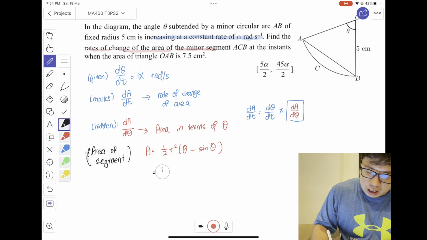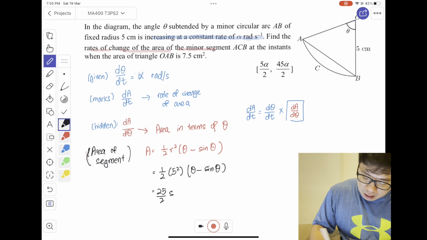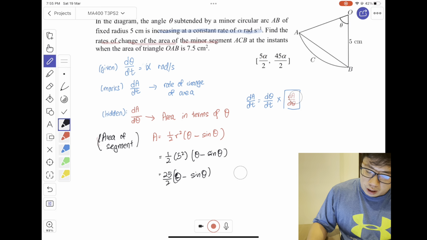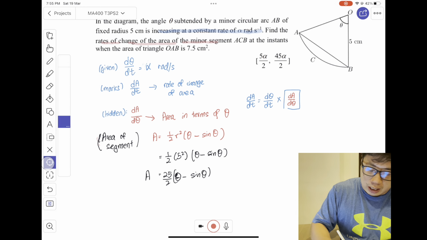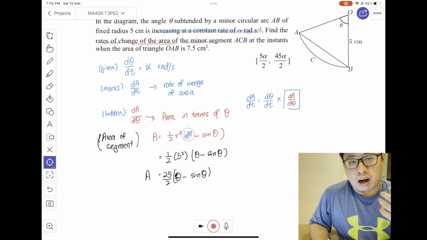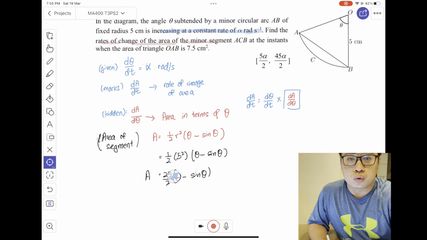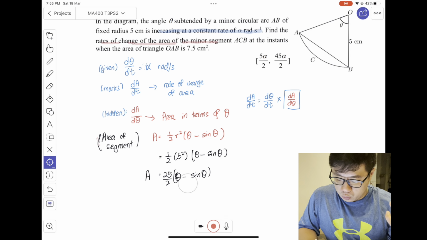In this case, it will be half of 5 squared, theta minus sine theta, which is the same as 25 over 2 times theta subtract away sine theta. So this is our A. You can see that I have my A in terms of theta, so I'm good to go.